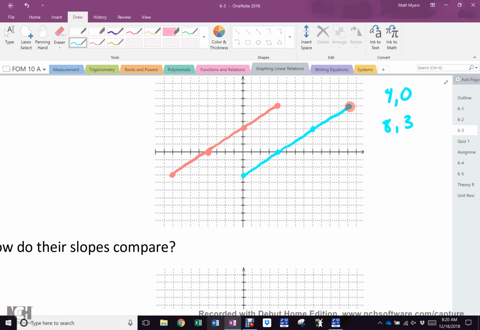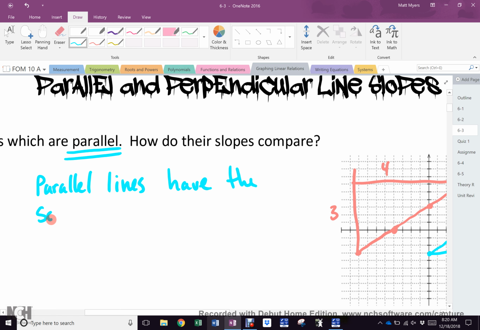So what does that tell us? If they're parallel lines have the same slope. Now, that's easy to see, easy to understand, easy to illustrate, right?